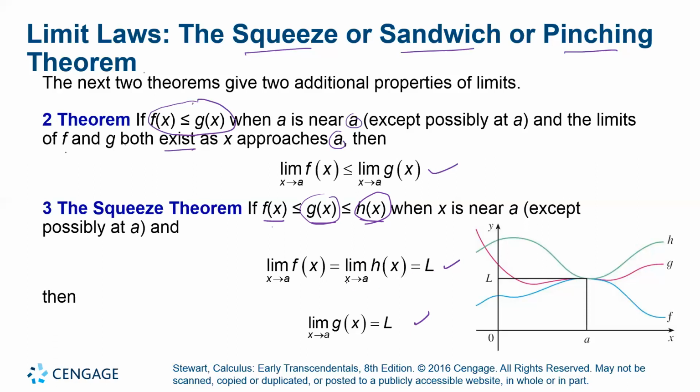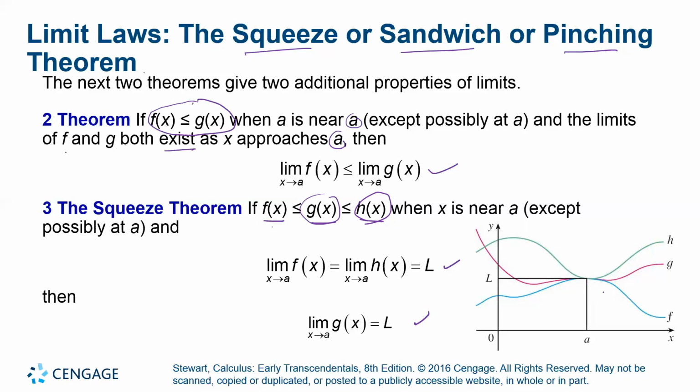So that is why we say that if the limit as x approaches a certain value a of f is the same as the limit as x approaches a of the function h, and is equal to L, then that's what we have. Now, graphically, this is what is happening.